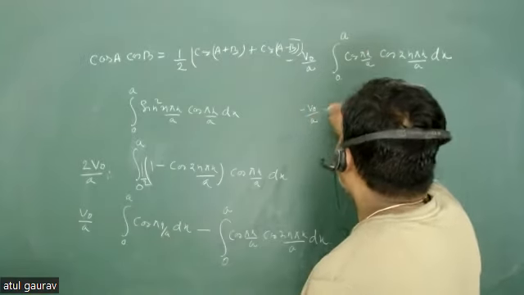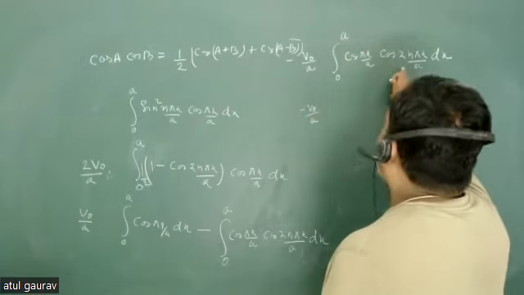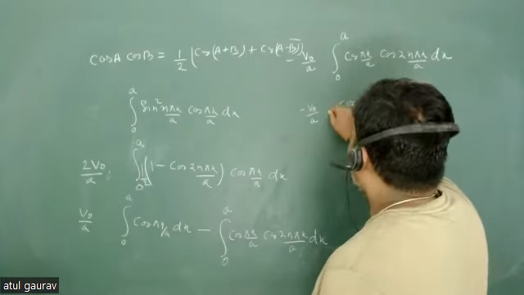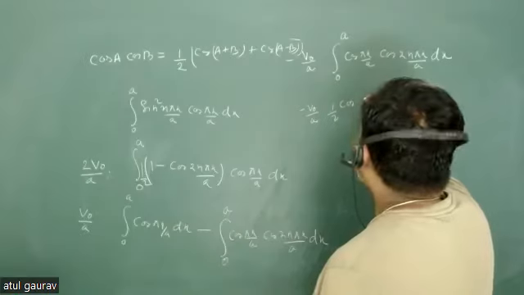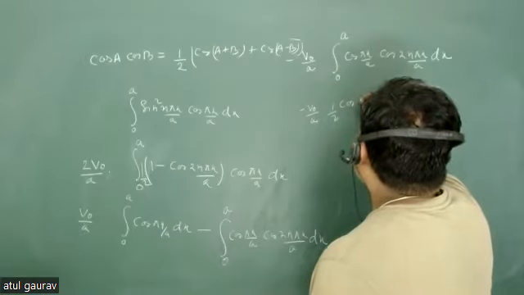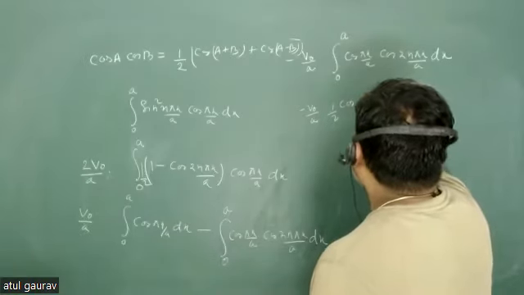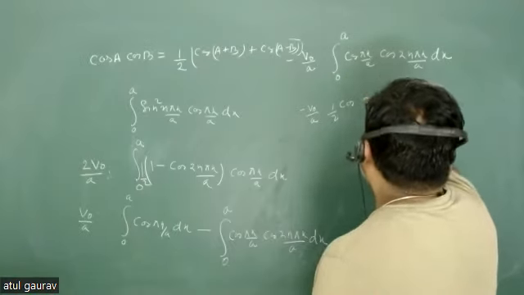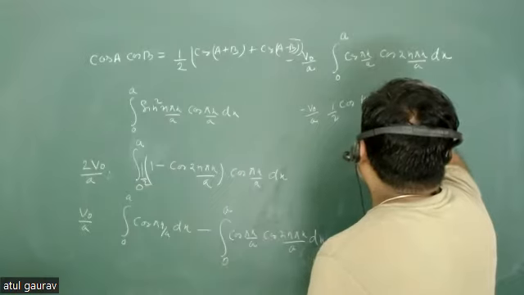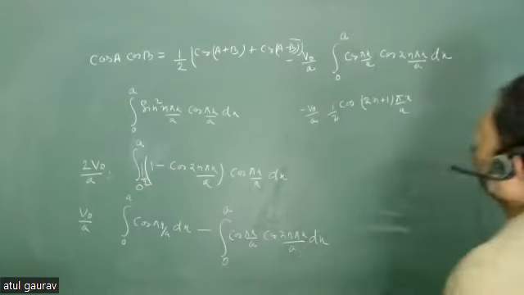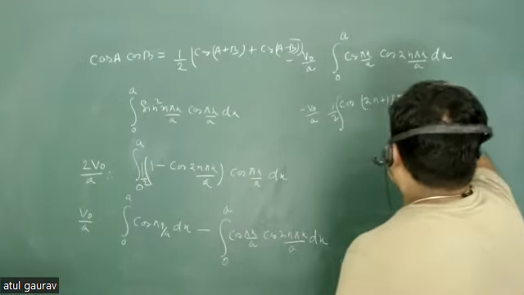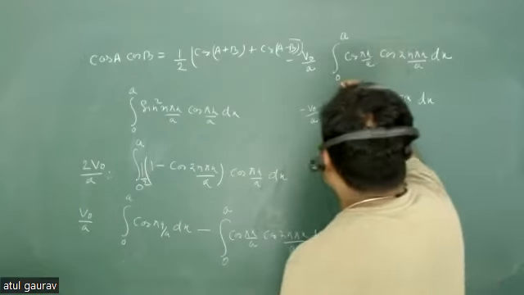V naught by a, and cos A into cos B we can write: 1 by 2 is there, cos(πx plus 2nπx)/a, that is (2n plus 1)πx/a, isn't it? And the second one, we have to go for the integration dx from 0 to a.